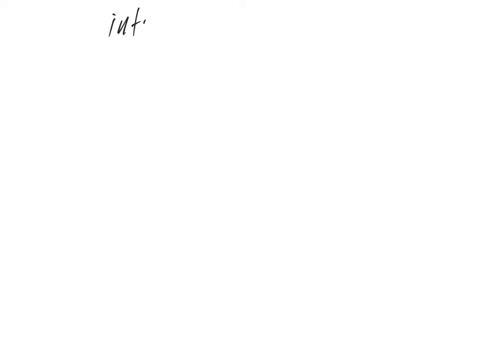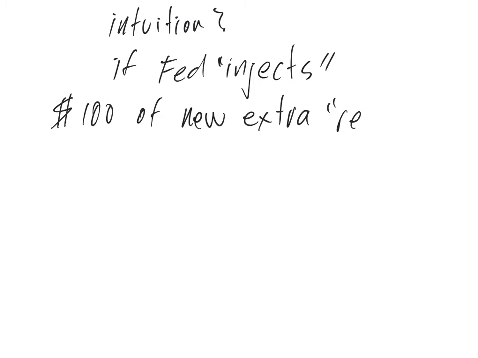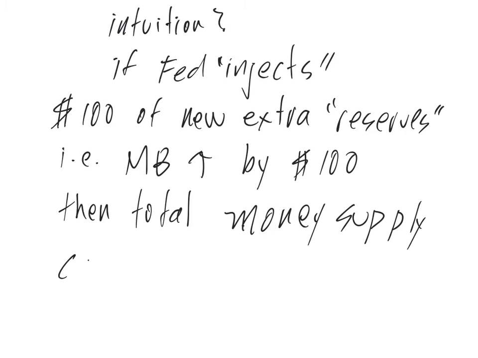So what's the intuition? Okay, the intuition is if the Fed injects, however it does it, $100 of new extra reserves, that is, the monetary base increases by $100, then the total money supply can increase by up to $1,000.